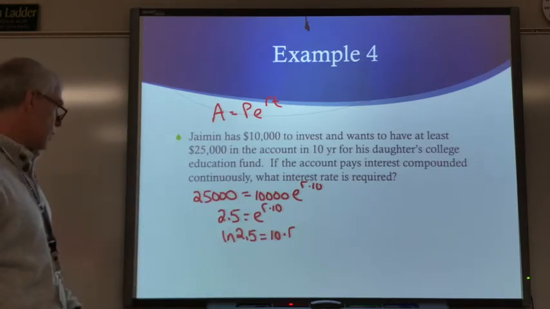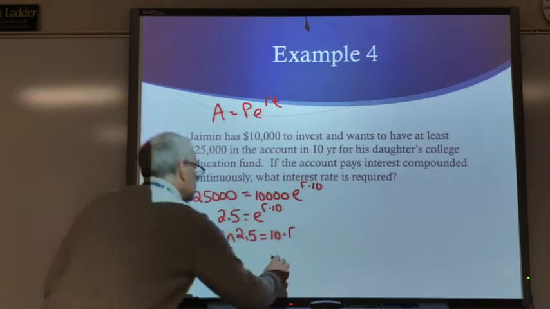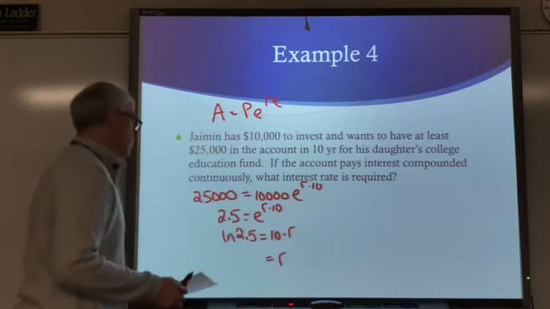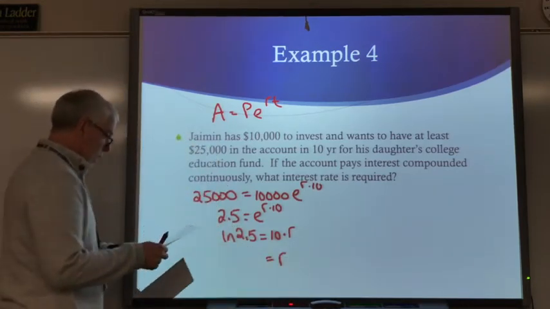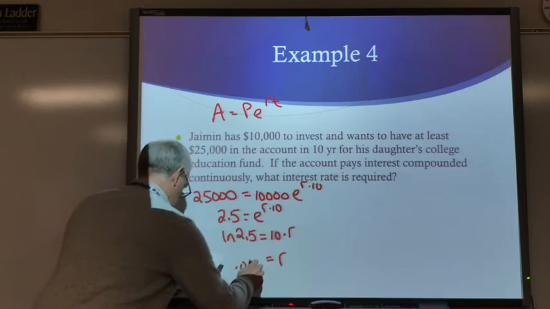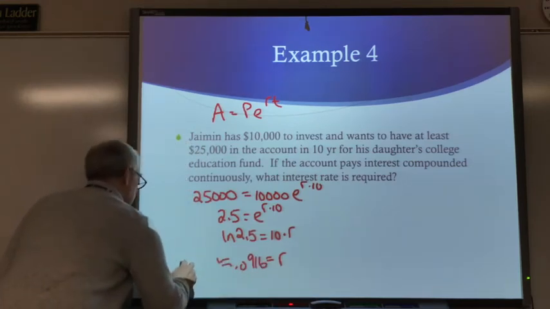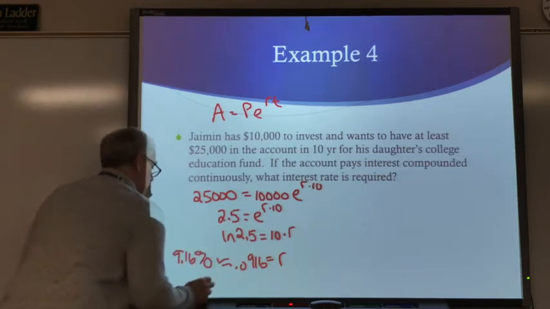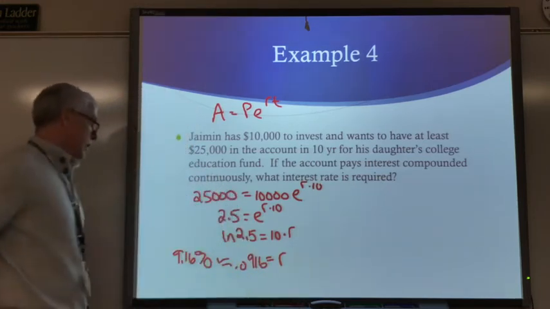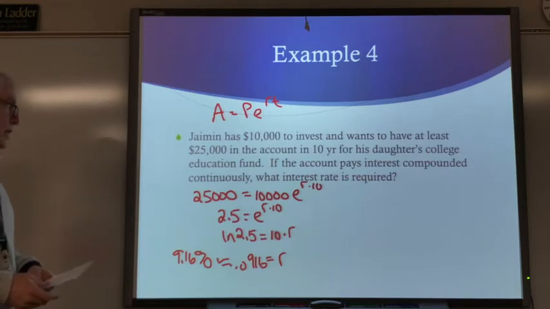They get rid of each other. So now if I divide by 10, so the ln of 2.5 divided by 10, I get 0.0916, which would be 9.16%. Okay? So that would be the interest rate that you would need to reach your goal of 25,000.